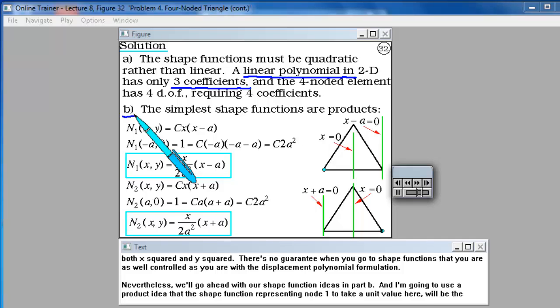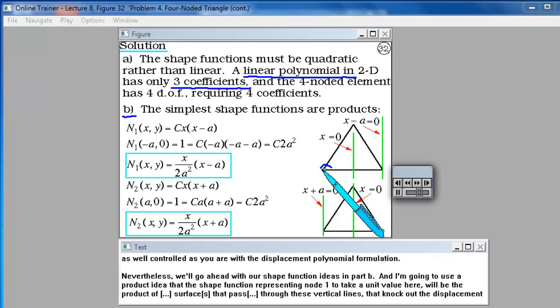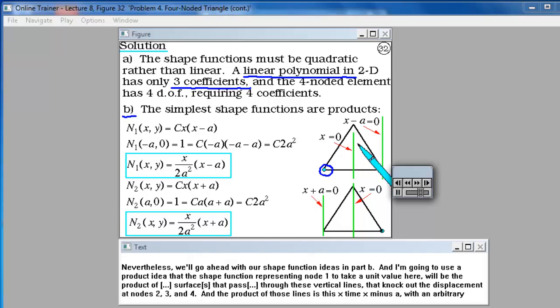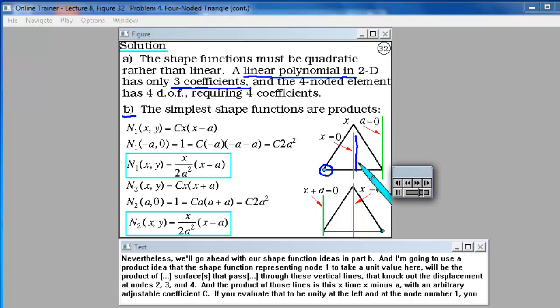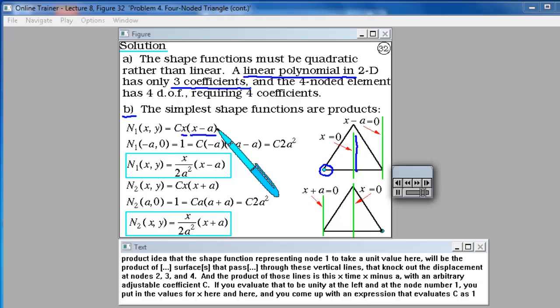and I'm going to use the product idea that the shape function representing node 1, to take a unit value here, will be the product of a surface that passes through these vertical lines that knock out the displacement at nodes 2, 3, and 4. And the product of those lines is this x times x minus a with an arbitrary adjustable coefficient c.